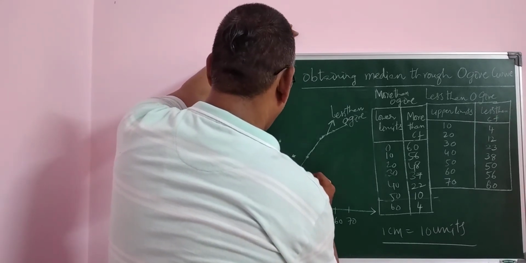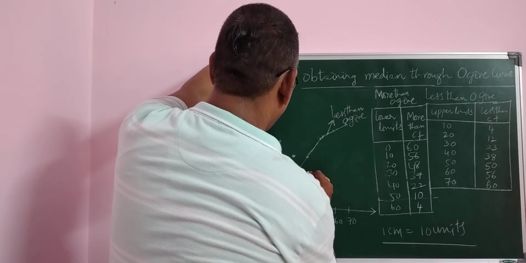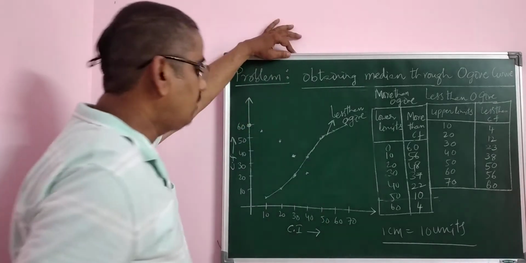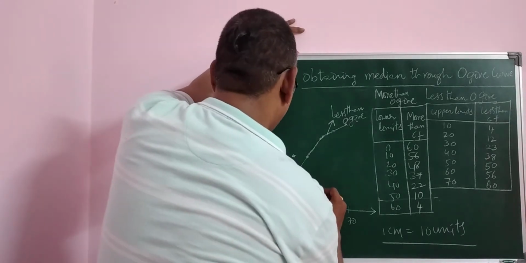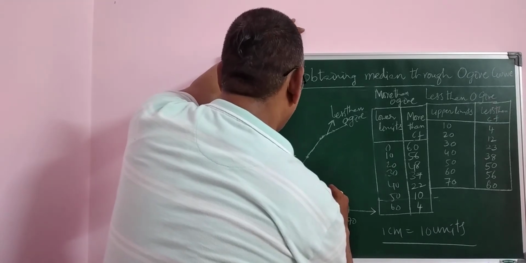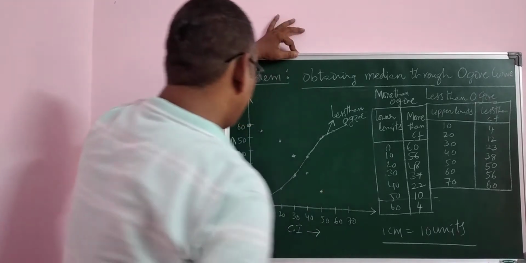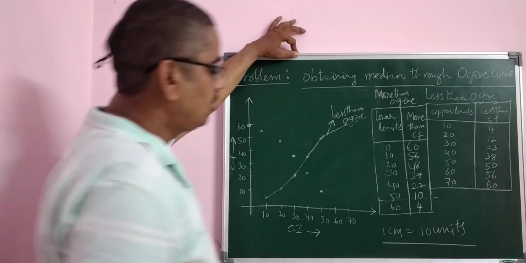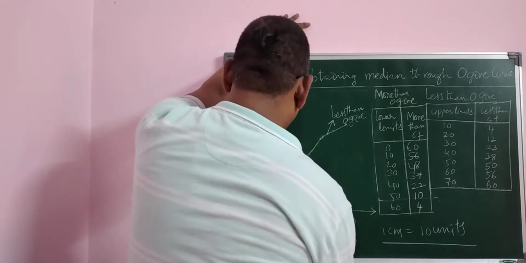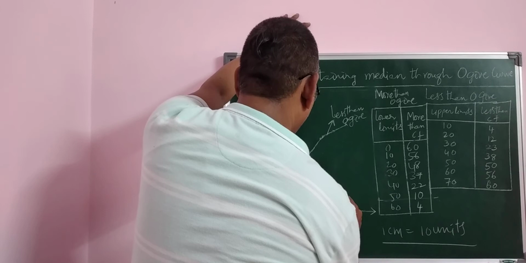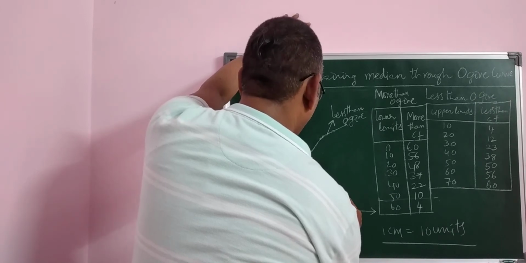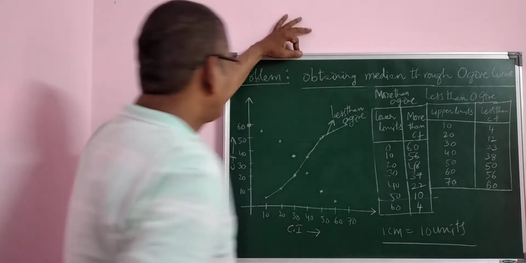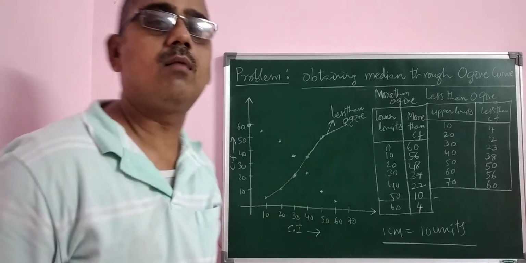And then 10 against 50. And then 4 against 60. Now by joining these points you will get the more than Ogive.